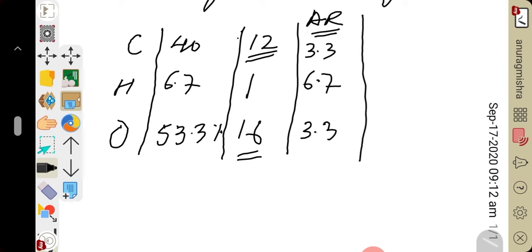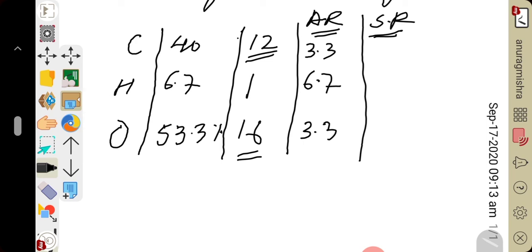After the atomic ratio, we have to calculate the simplest ratio. Simplest ratio is calculated by selecting the smallest ratio. First of all, you have to select the smallest atomic ratio. From these numbers you have to choose the smallest number.